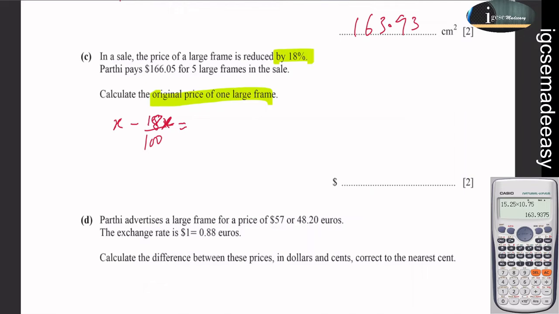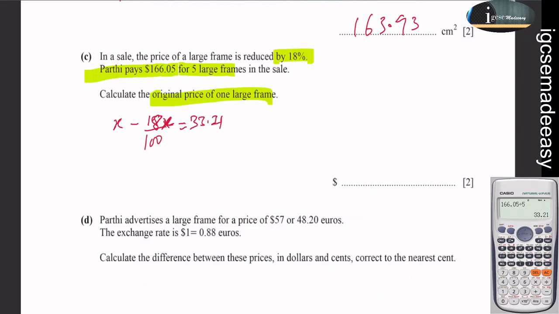Now 166.05 is actually the price for 5 larger frames. We have to calculate the price for 1 larger frame, right? So we have to divide 166.05 by 5, because 5 frames are taken. So 1 frame is equal to 33.21.